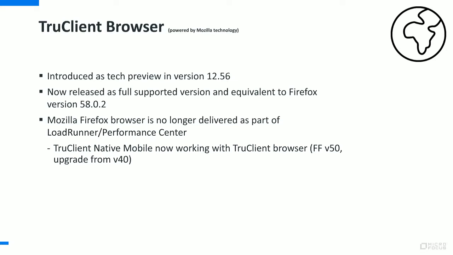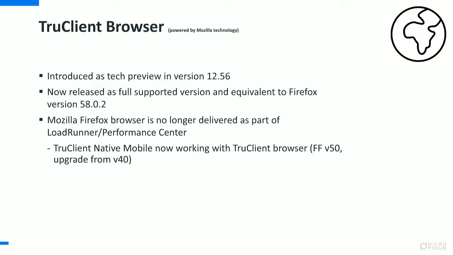As part of 1260, we fully released the Truclient browser, and just a little background around it. The Truclient browser was introduced in version 1256 of both LoadRunner and Performance Center as a tech preview. Now in 1260, we brought it to light, and it's fully supported, and it's based off of the Mozilla Firefox codebase version 58.02.